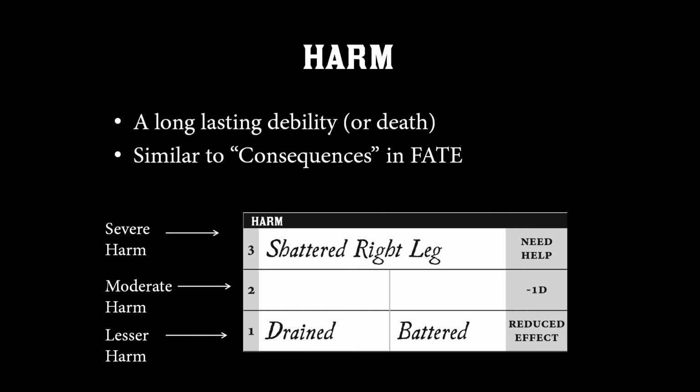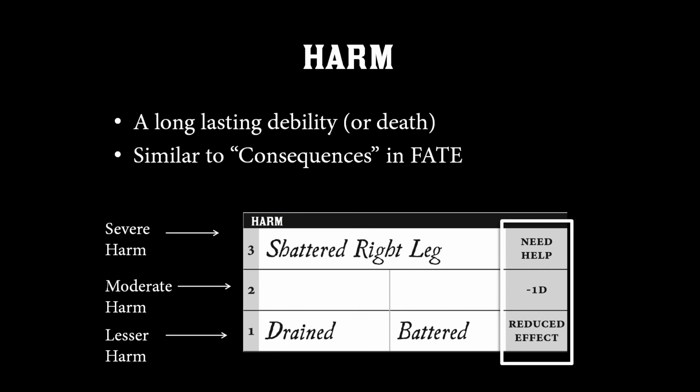And of course, whether the GM decides to inflict harm, right? That is not necessarily something they have to do. It's up to them. So you'll also notice at the end here, there are these gray boxes, and they say reduced effect, -1d, and need help.